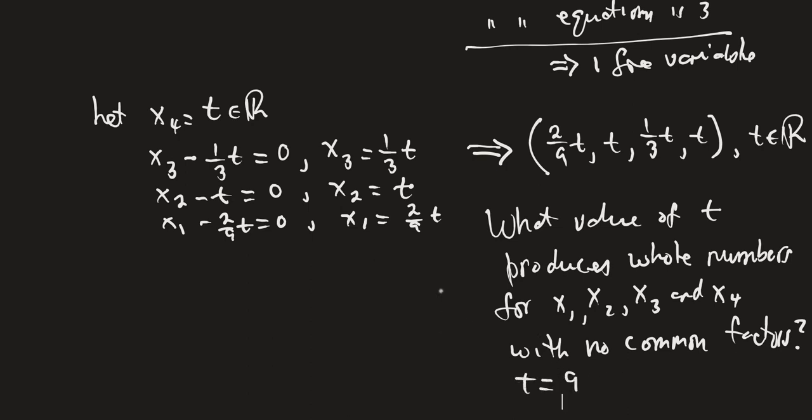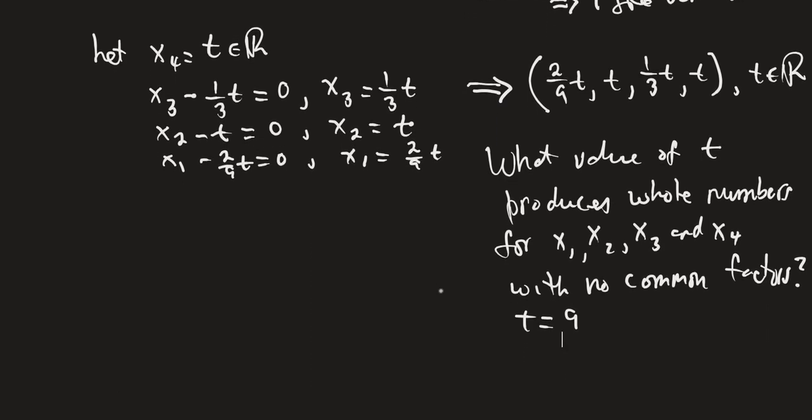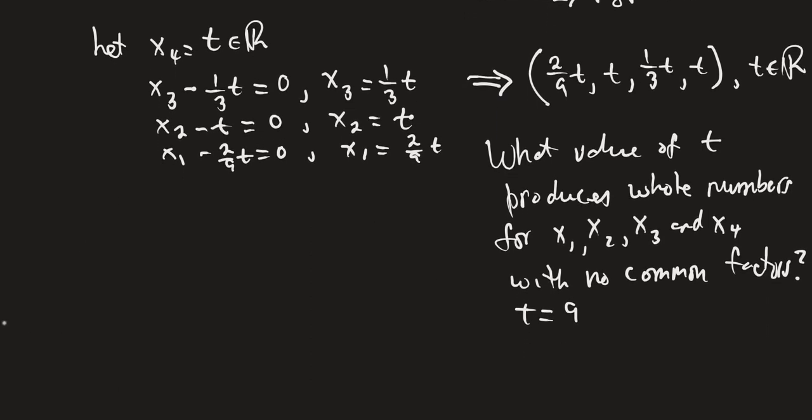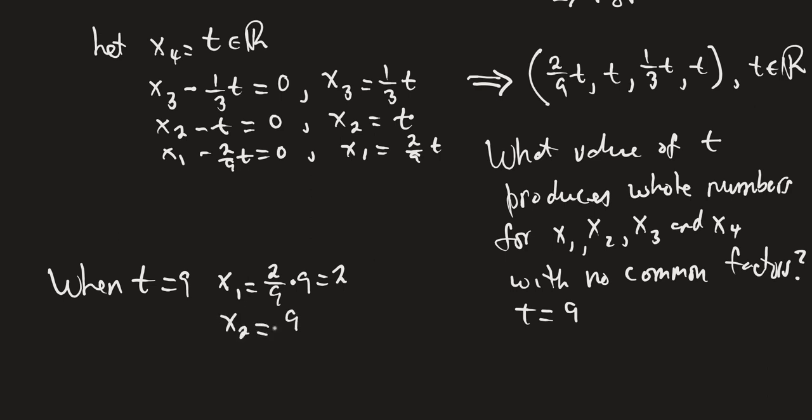So if I choose t equals 9, let's write down what my values will be. So when t is equal to 9, x1 is 2/9 times 9, which is 2. x2 is going to be 9. x3 is 1/3 times 9, which is 3.